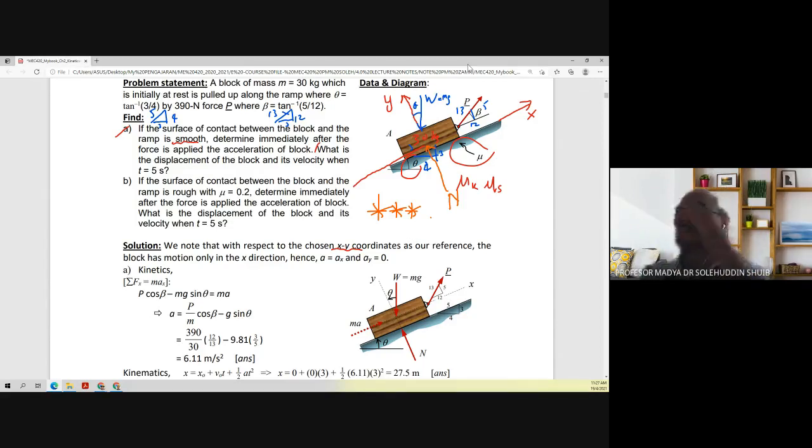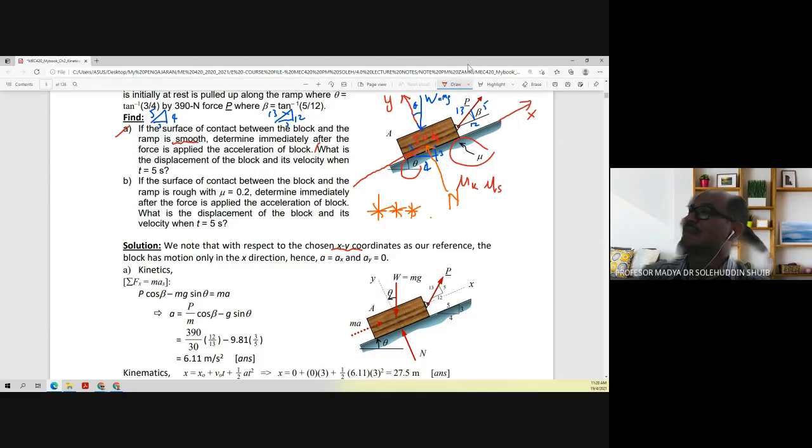We take note that over here the block has only motion in the x direction. We don't have motion in the y direction. It's only in this x direction. Therefore we have ay equal to 0.